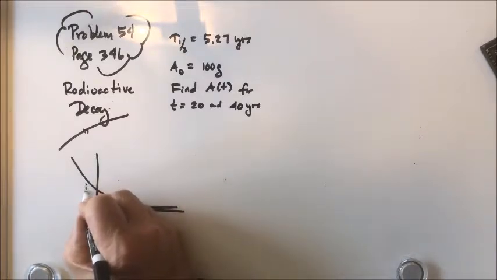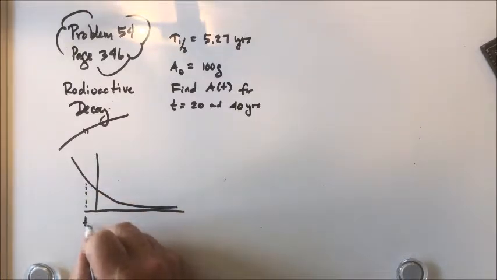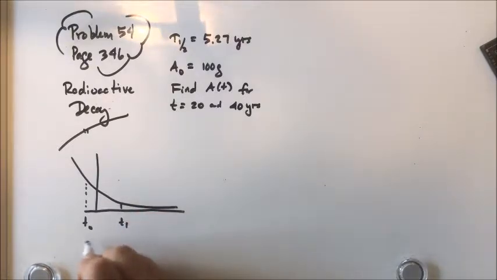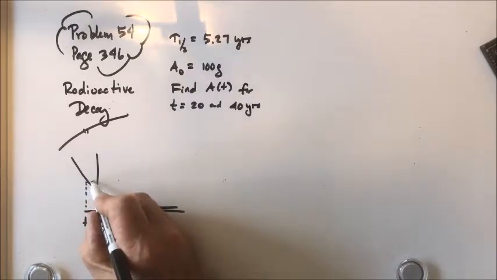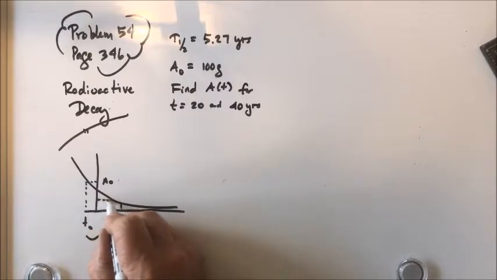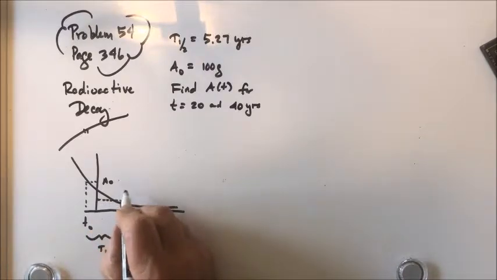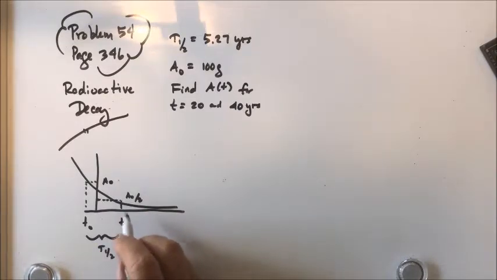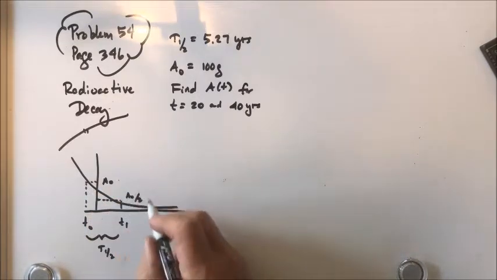Here's a time, I'm going to call it t0. Here's another time, I'm going to call it t1. And the difference between those two I'm going to call t sub 1/2, the half-life. And this is the half-life if this value right here, a0, is twice this value right here, a0/2. So in one half-life, the value of the function drops by a factor of 2.